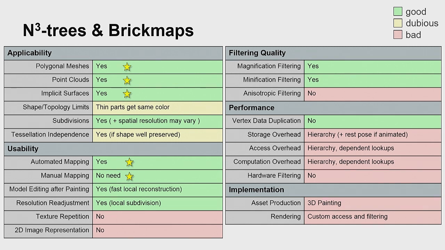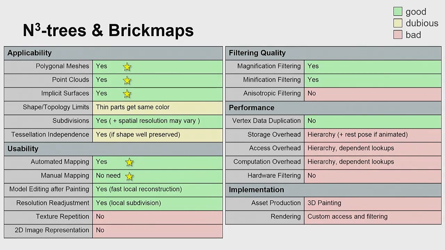The one problem, however, is that there's a bit of a shape limitation here. If you have thin features that are on the order of your texel sizes, or voxel sizes, then you may have some inconsistencies in terms of coloring, right?